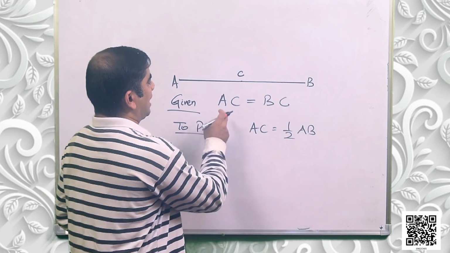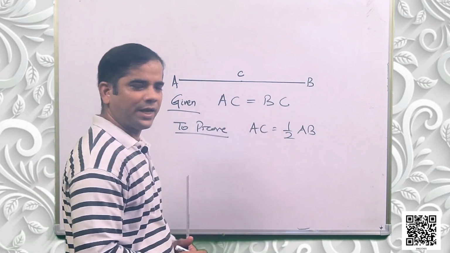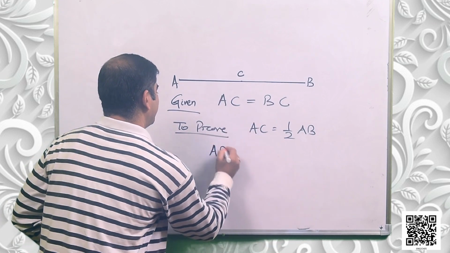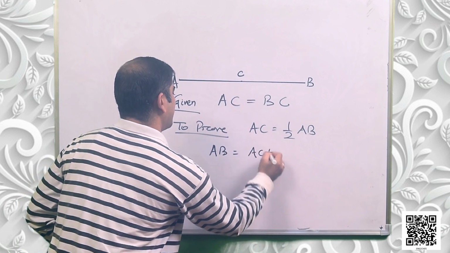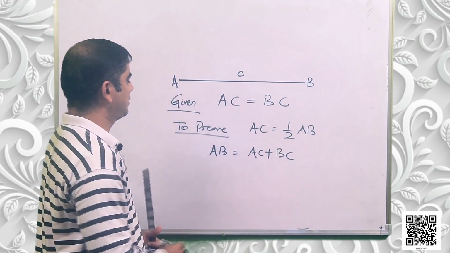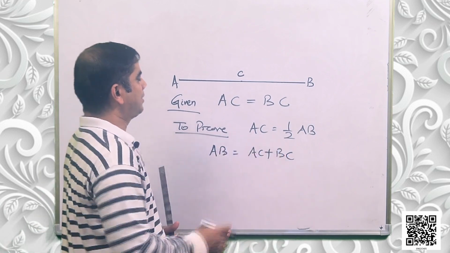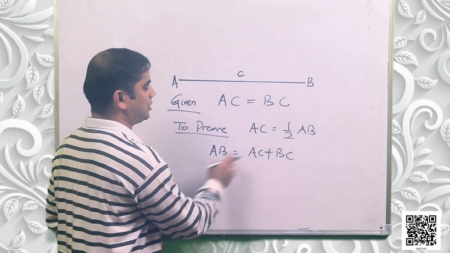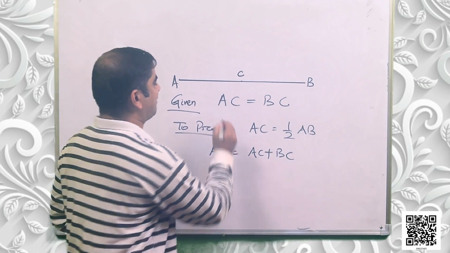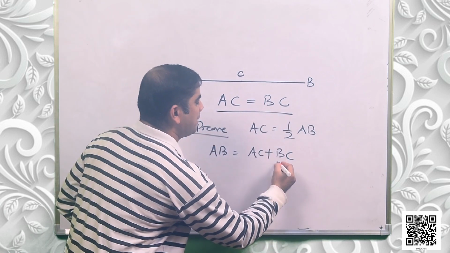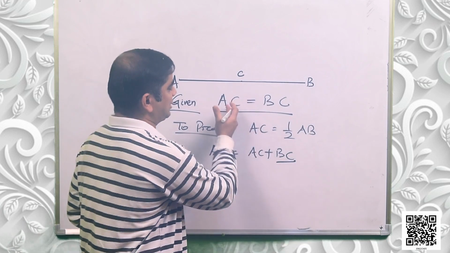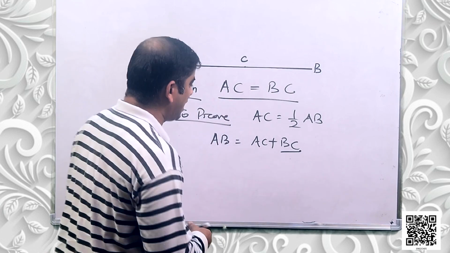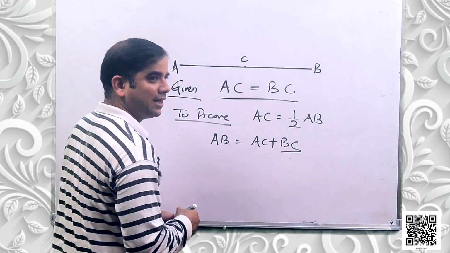So, AC is equal to BC. I can write that AB is equal to AC plus BC, because it is given that AC is equal to BC and C divides AB into 2 equal parts. As per the given data AC is equal to BC, I can replace BC with AC.